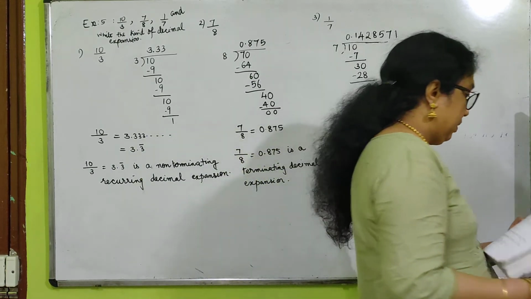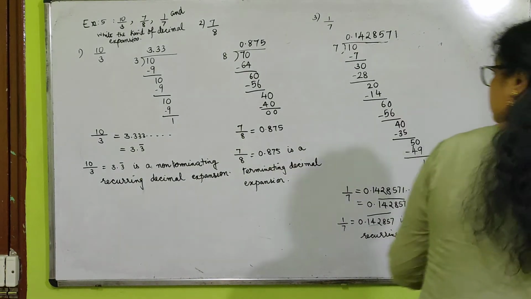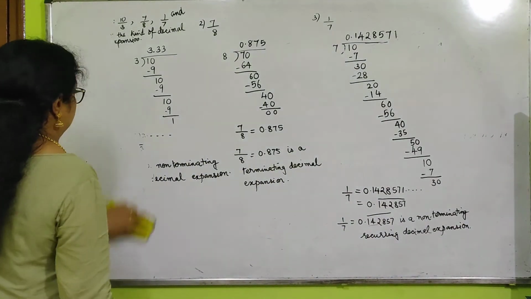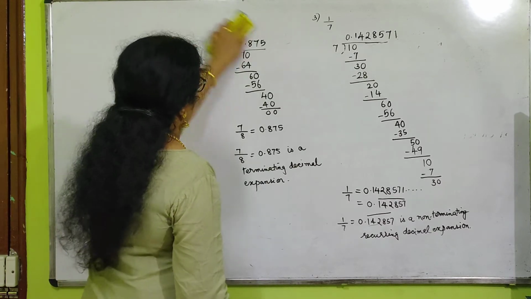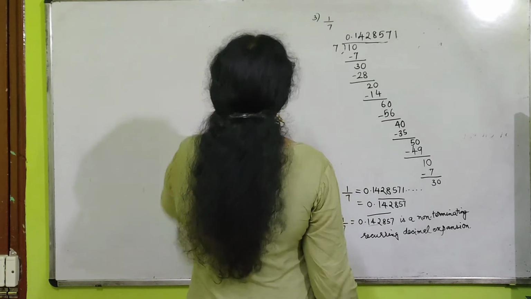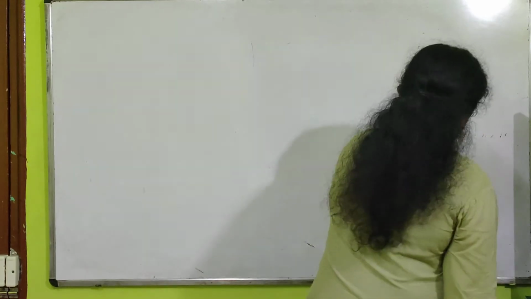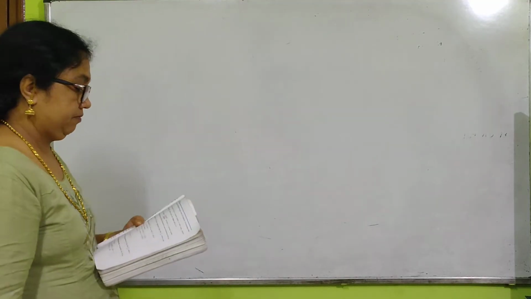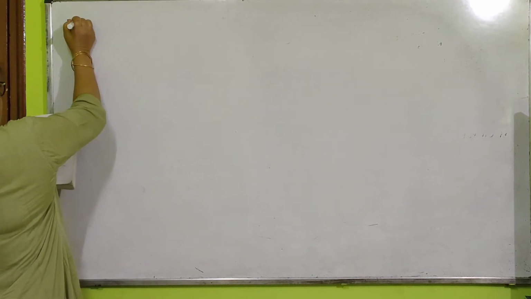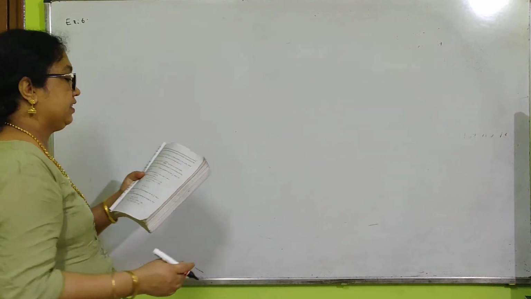Now I am showing example 6. Question from the textbook: Show that 3.14268 is a rational number.